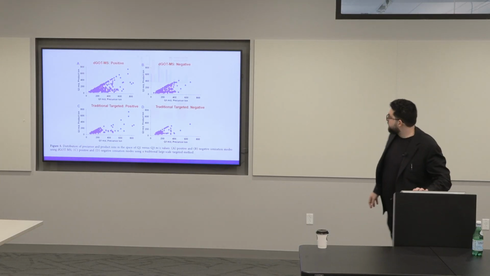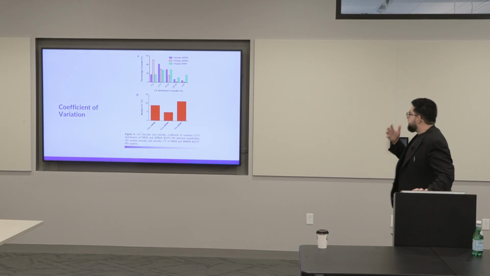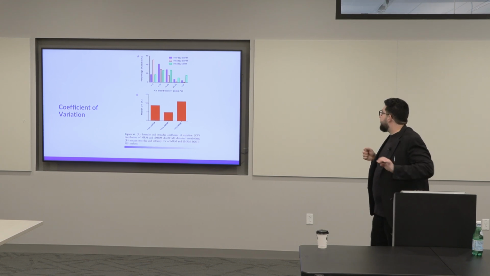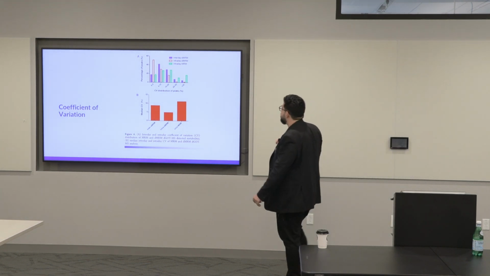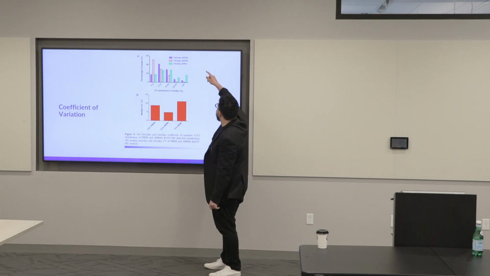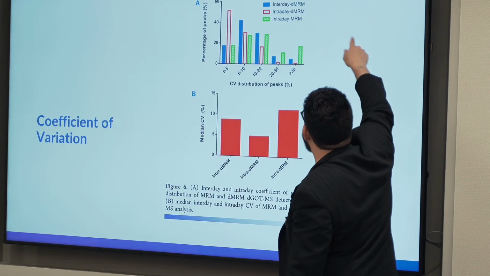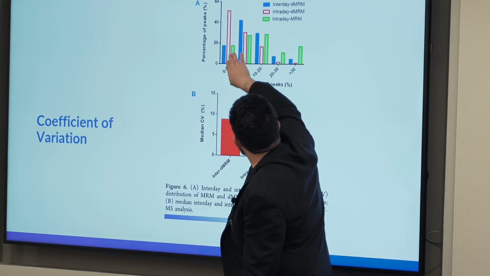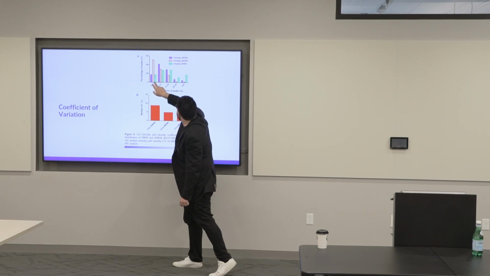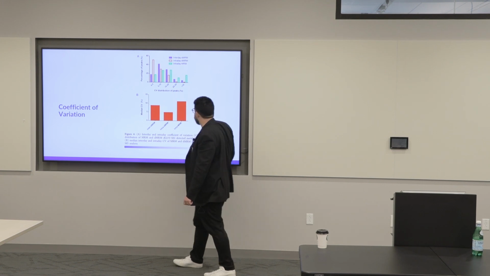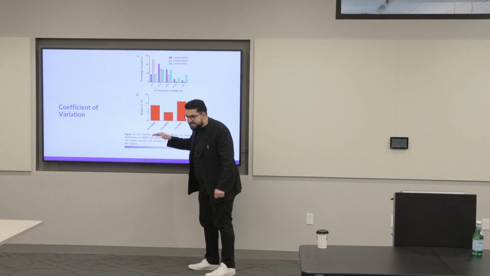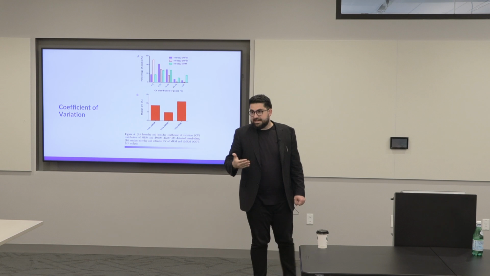So we look at the intraday coefficients, right? So how many of them? We see intraday DMRMs, intraday, and then intraday MRMs. And the percent of peaks are really high in the intraday MRMs, and the median coefficient of variation is significantly lower than clinical guidelines of 20%.